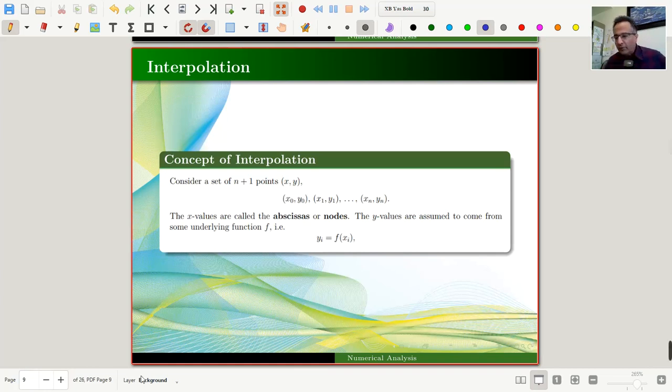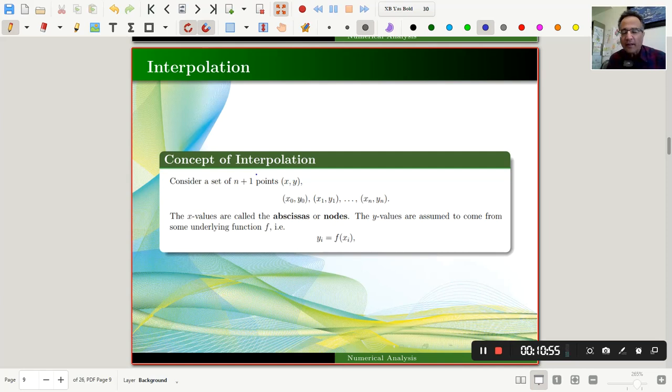First, let me explain the concept of interpolation and the definition of interpolation, and I start with some notation and some concepts about interpolation. We have n plus 1 points like (x0, y0), (x1, y1) to (xn, yn).